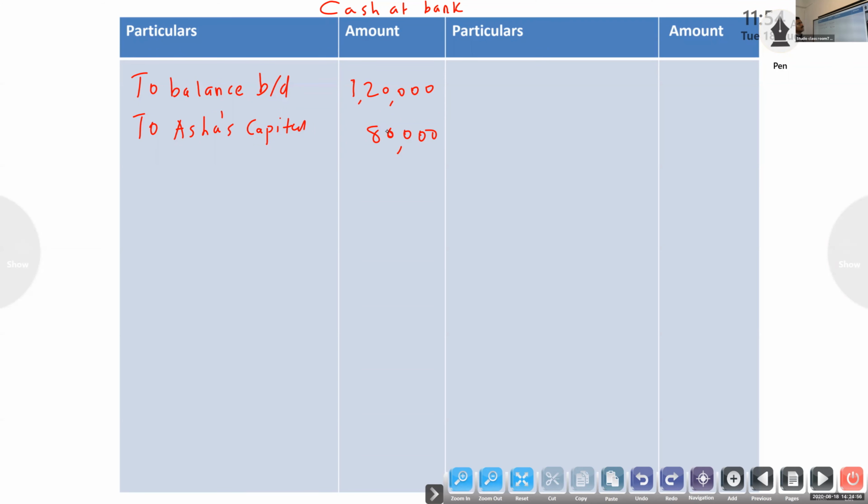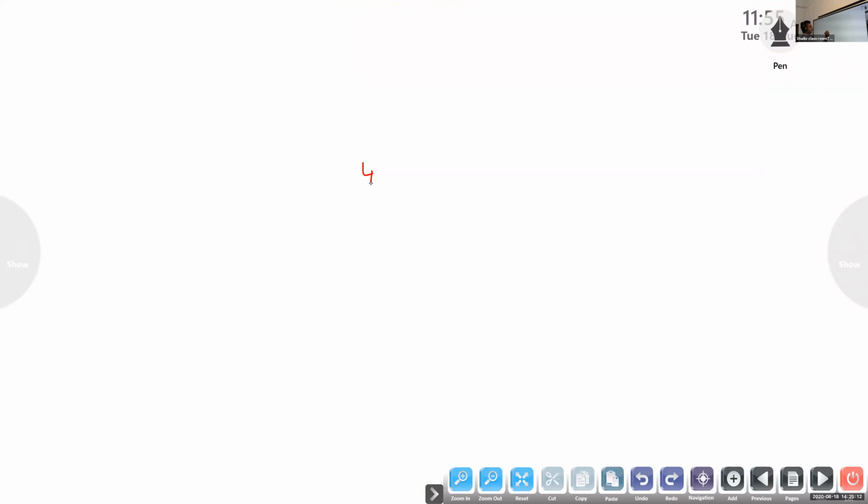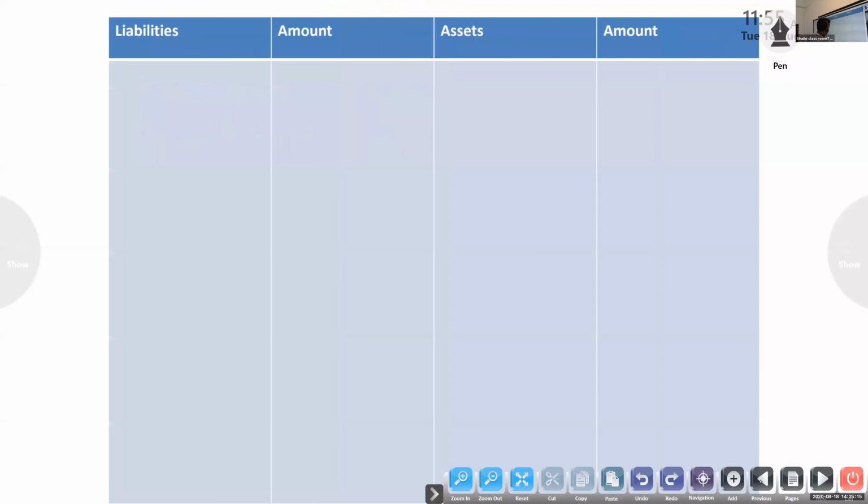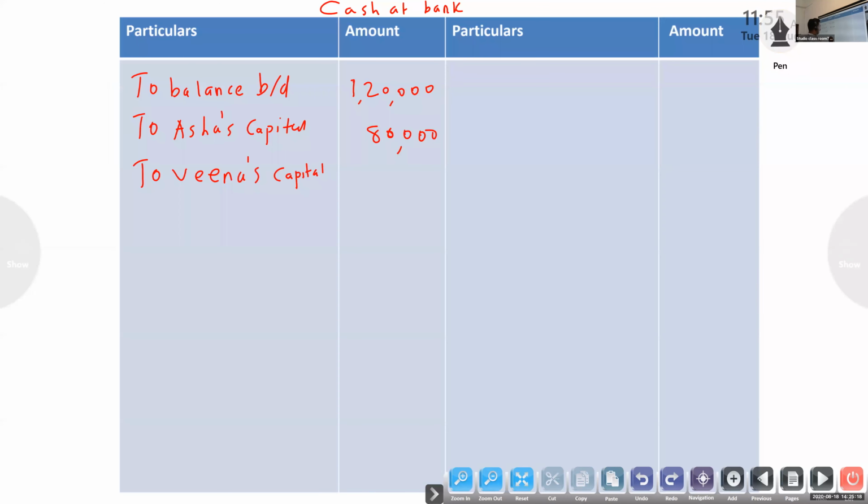So in the cash account, where we have to write? Debit side. Very good. Opposite of the debit side, you have to write on the credit side: to Vena's capital, amount will be 44,400. Then to Leela's capital, amount will be, Aisha, 52,800.